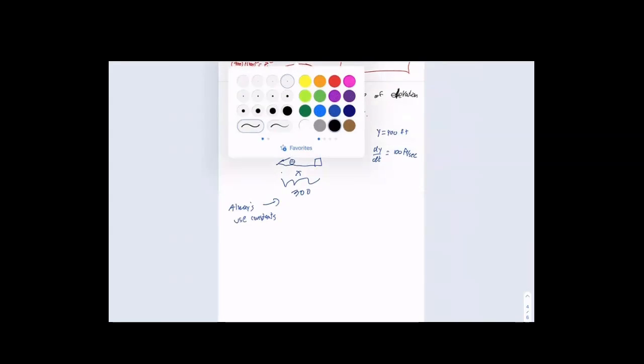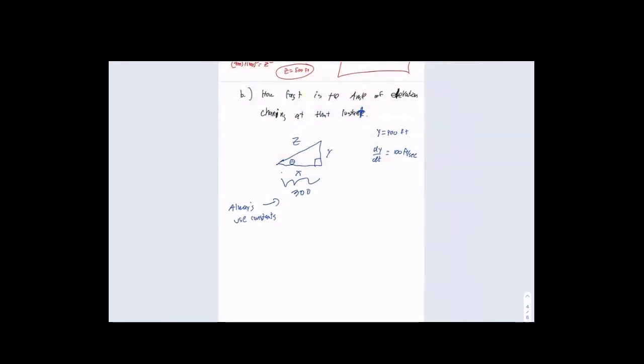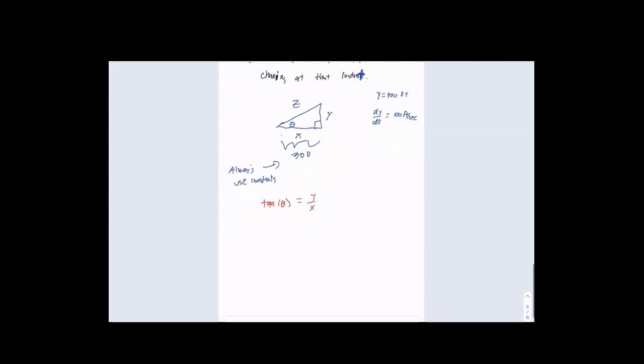So the trigonometric relationship for x and y is that tangent of theta is y over x. But x is constant, so tangent of theta equals y over 300, which makes the problem a lot easier.